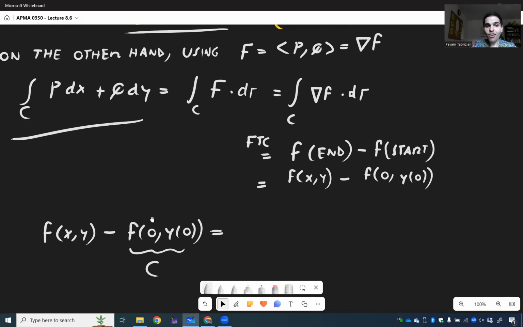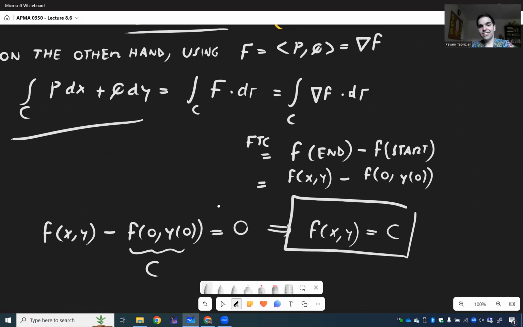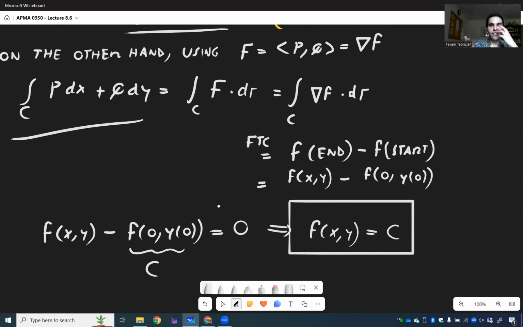So f of (x, y) minus constant is 0, and lo and behold, we get that f of (x, y) is actually constant. Well, how cool is that? But as I said, intuitively, once again, it's true because the ODE says the derivative of little f is 0, more or less, and therefore f is constant.